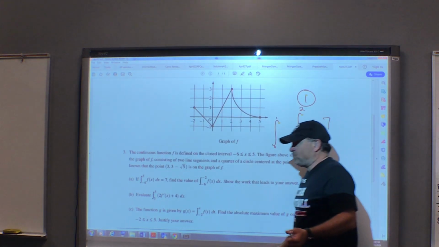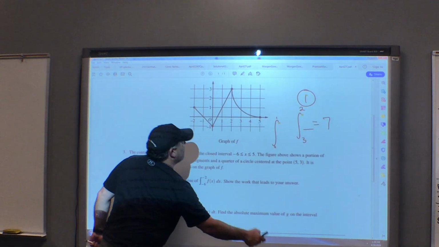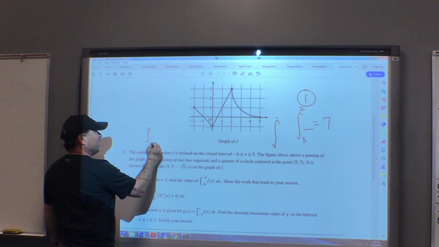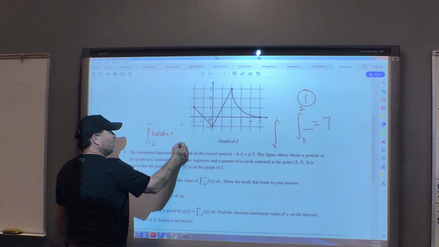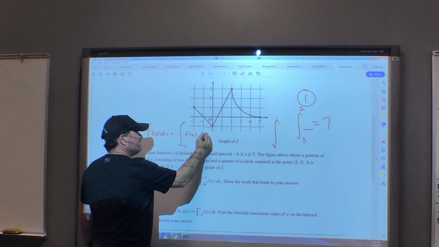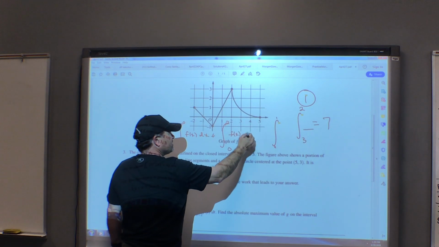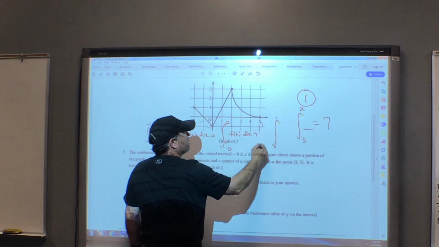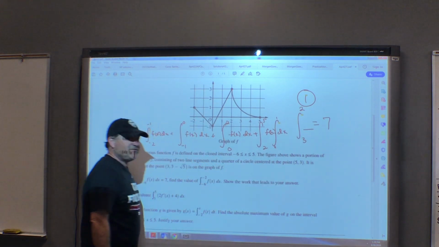Now, you could write it out. I saw about 4 times where people wrote this out as the integral from -2 to -1 of f of x dx plus the integral from -1 to 0 of f of x dx plus the integral from 0 to 2 of f of x dx plus the integral from 2 to 5 of f of x dx. Perfectly fine.